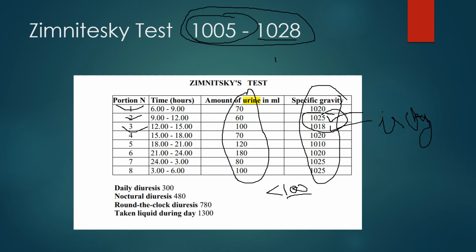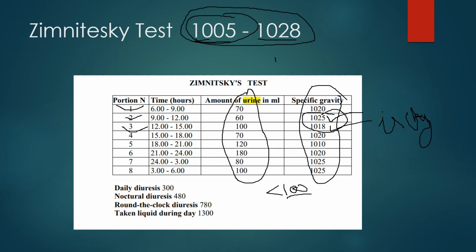If it is less than 1005, then we are talking about hypostenuria. And if the difference between the maximum value and minimum value is less than 10, then we are talking about the condition of isostenuria.